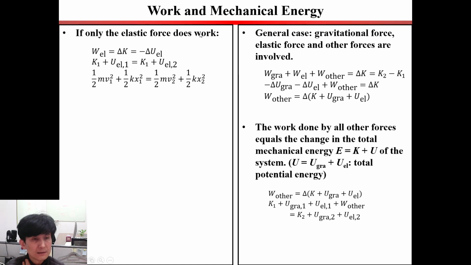When only elastic force is involved, for example a spring or a ball, then for a spring we can consider total energy is kinetic energy plus the potential energy of elastic force. If there is another force involved, another work or force involved, then we should include that as well to consider the total energy of a system.